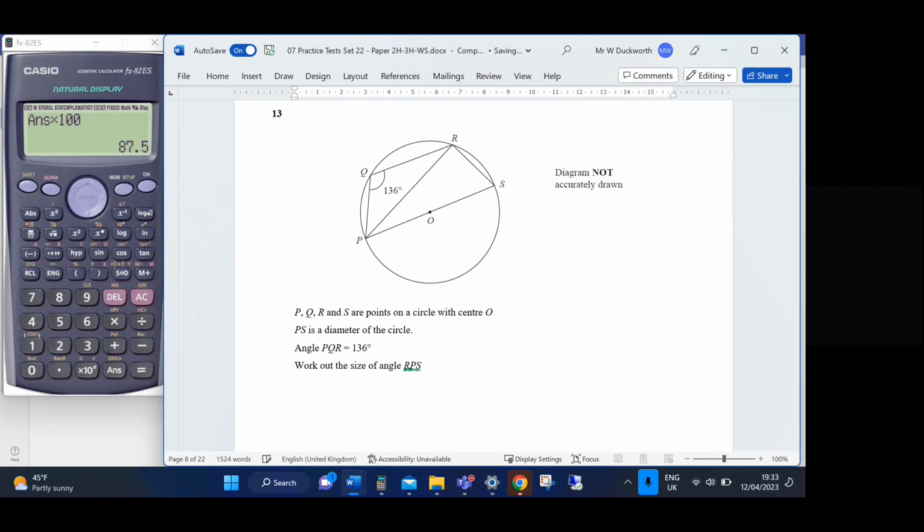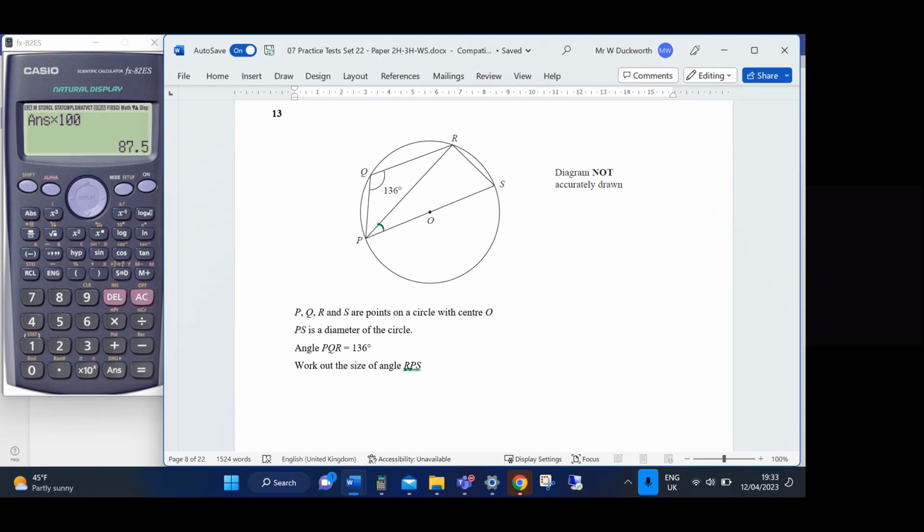So RPS, R to P to S. So I'm after that angle there. Let me just double check that, RPS.